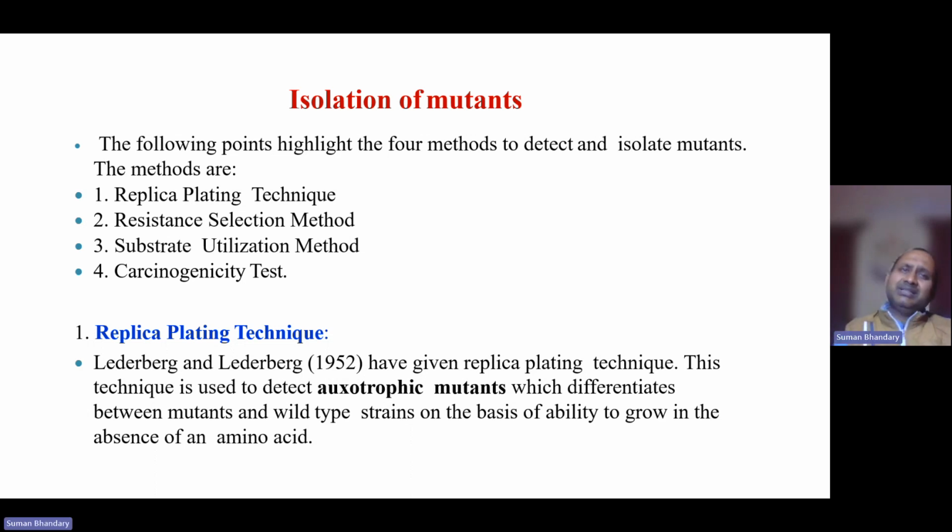Now the second method is the resistance selection method. We use this method for isolating mutants, and generally the wild type cells are not resistant either to any antibiotic or to bacteriophages. Therefore, it is possible to grow other bacteria in the presence of those agents, either antibiotic or bacteriophage, and we have to check whether they are surviving or not.